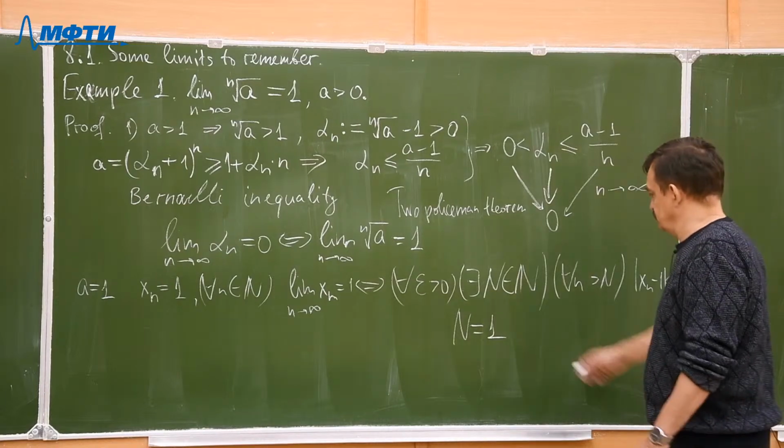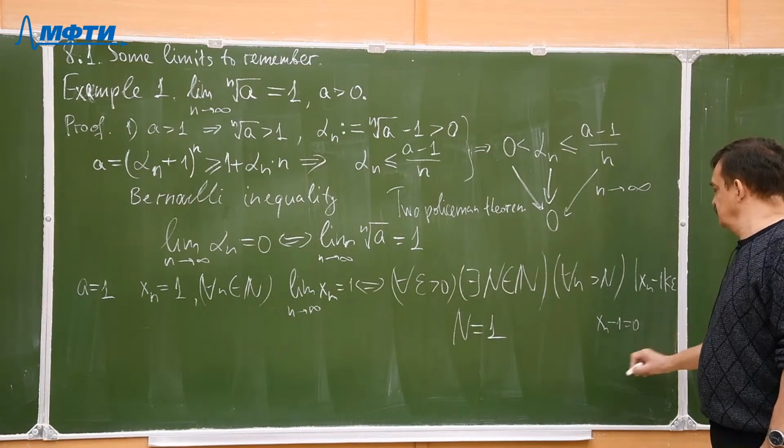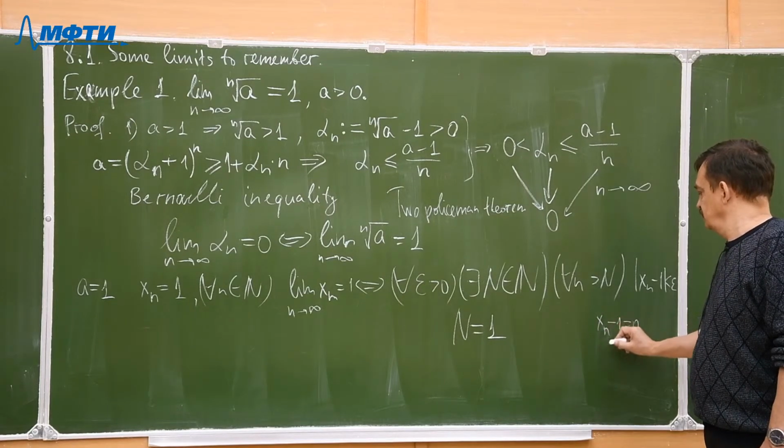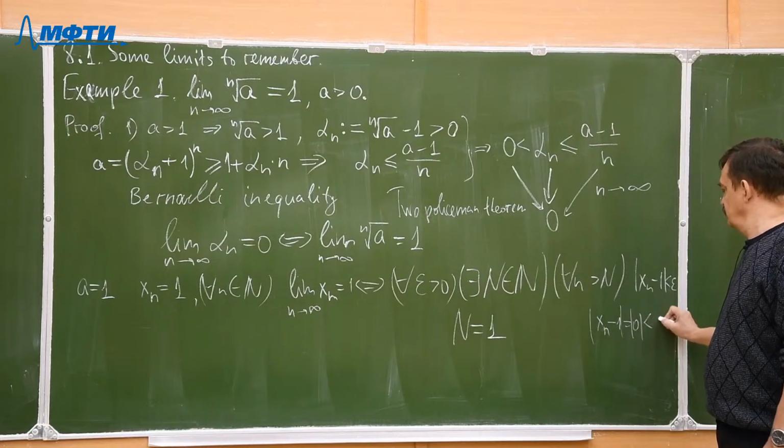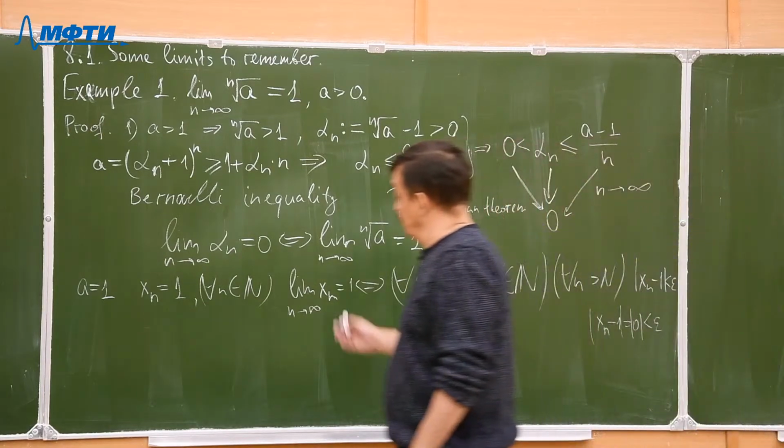Why? Because here x n minus 1 equals 0, hence it has modulus less than epsilon for all positive epsilon. So a equals 1, it's okay.